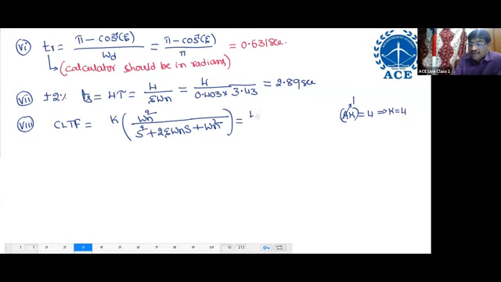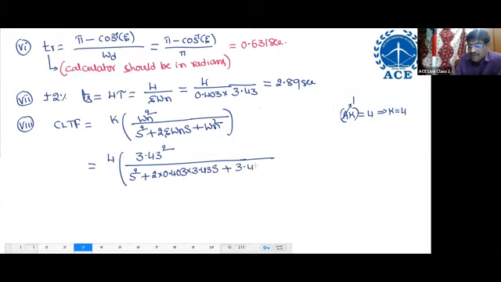So 4 into 3.43 whole square by s square plus 2 into 0.403 into 3.43 s plus 3.43 whole square. This is the transfer function.